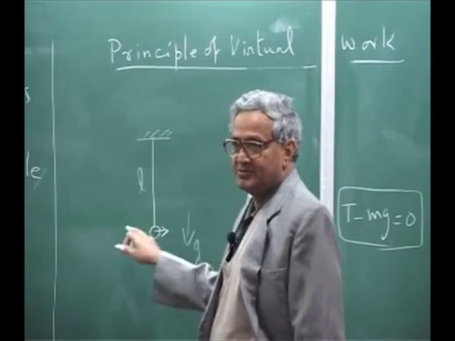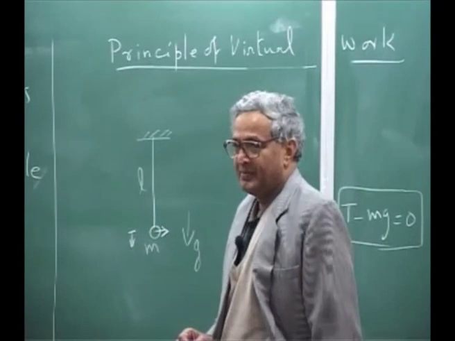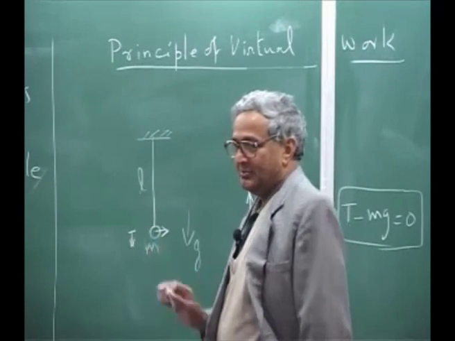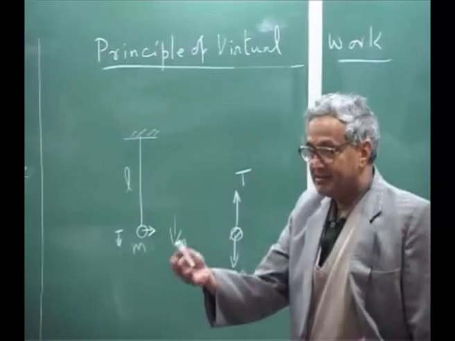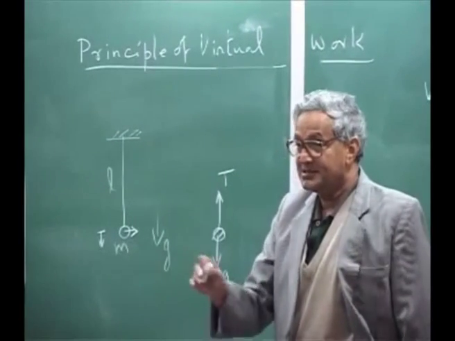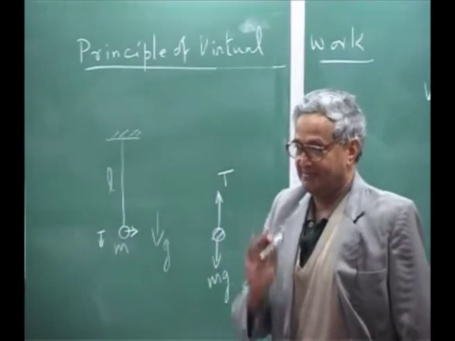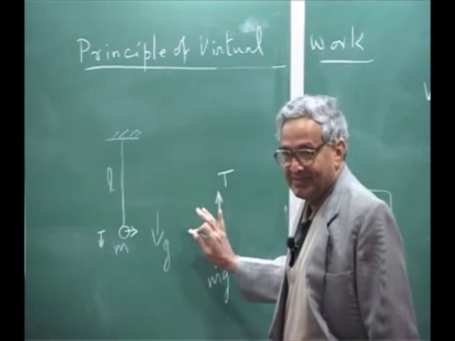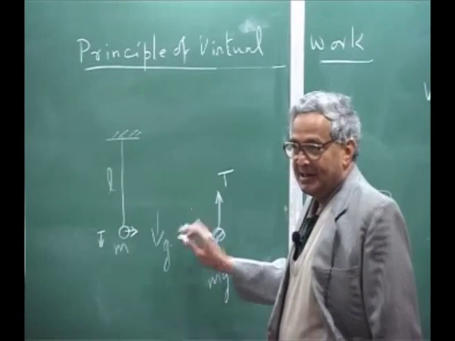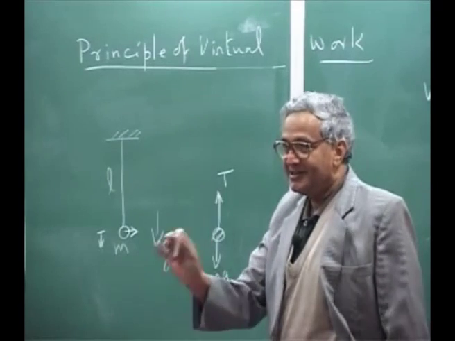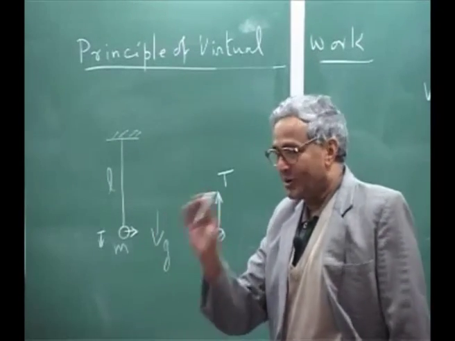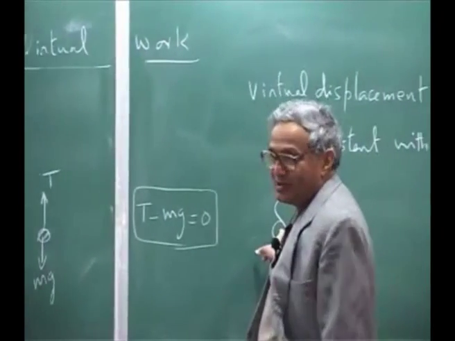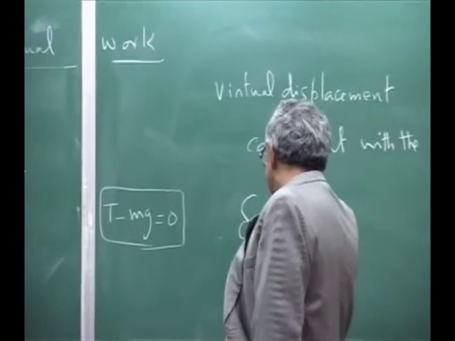That is allowed. But then, if I calculate the virtual work done, because the forces are actual forces, and I am doing a virtual work which I call delta W, because delta is the symbol I use for virtual.